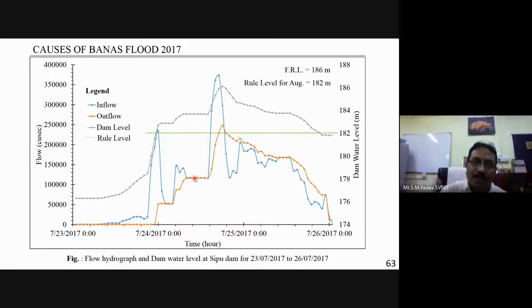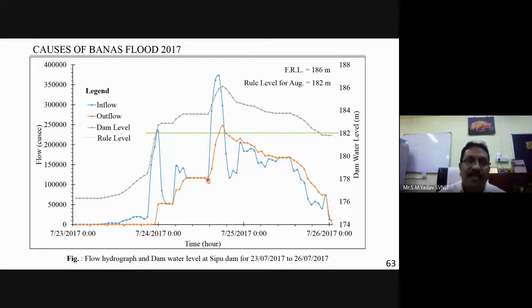However, after 2017, there have again been recurrent floods, though not of this magnitude, in the same region, in the same area. So in this case, even if they had kept the dam empty to receive the flow, the inflow was so high that they probably would not have been able to store that much water in the dam.